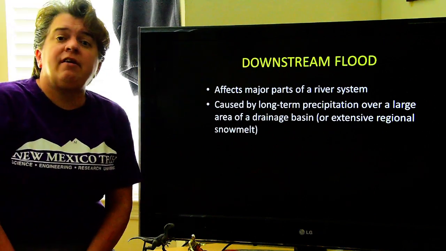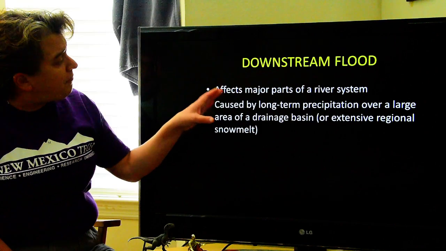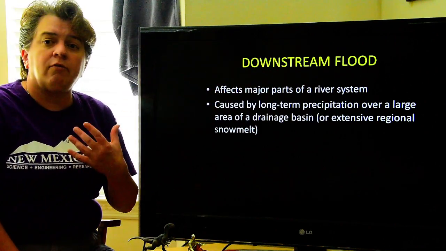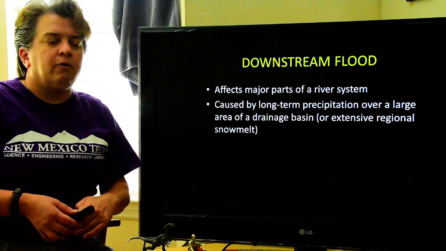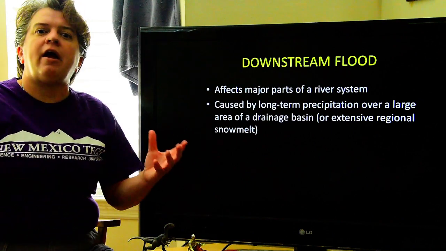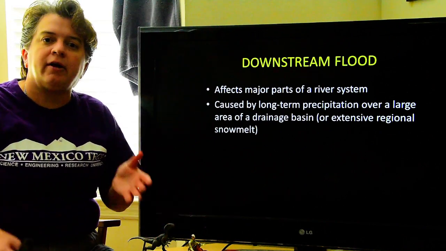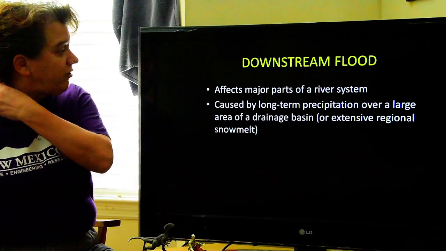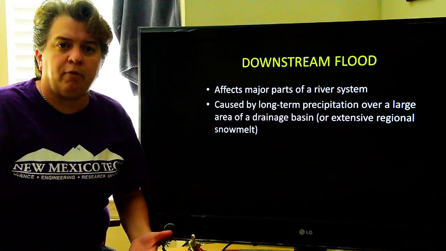Now, that's very different from what we call downstream floods. These affect major parts of a river system. And so these are the kind where large areas are going to be flooded, and they're going to be flooded for a while, for a long time. And these are caused by long-term weather patterns.